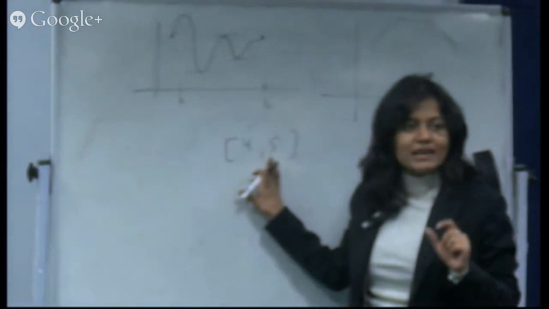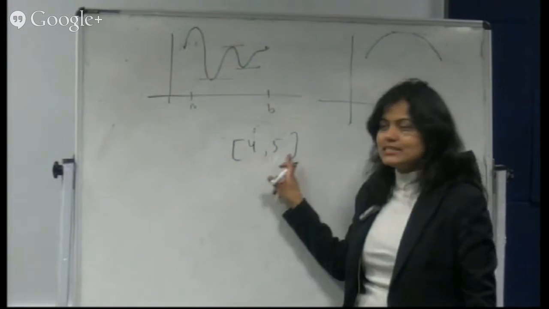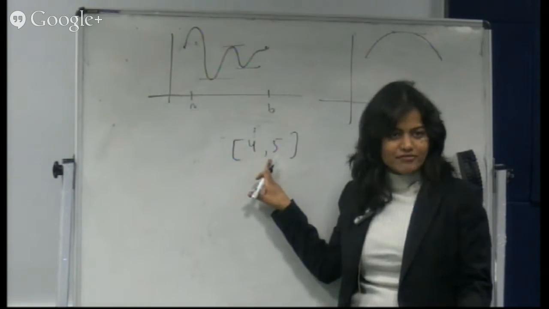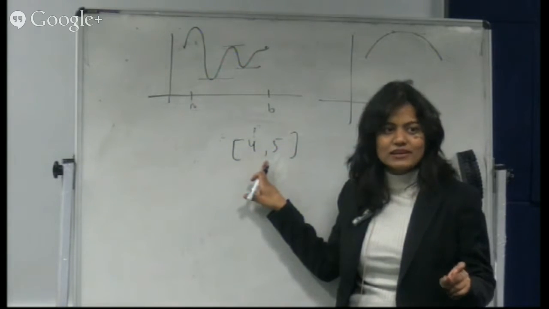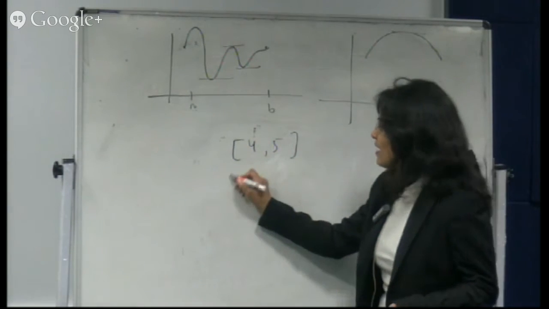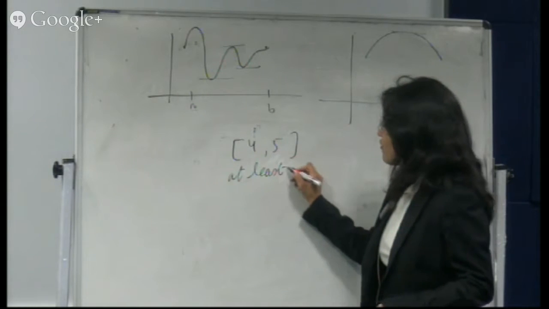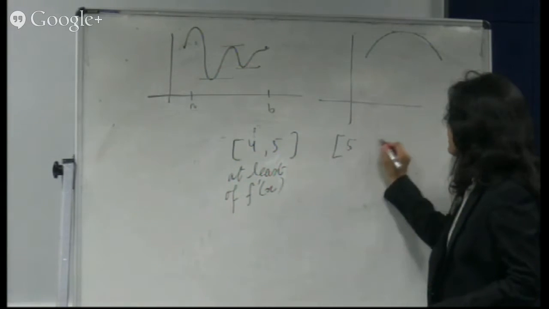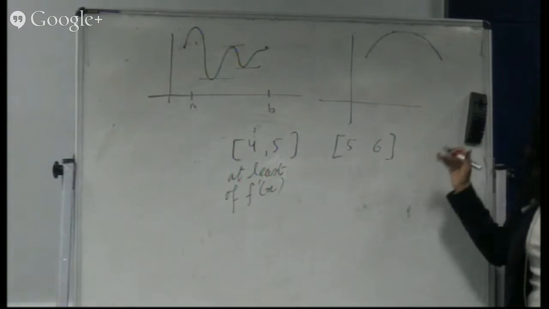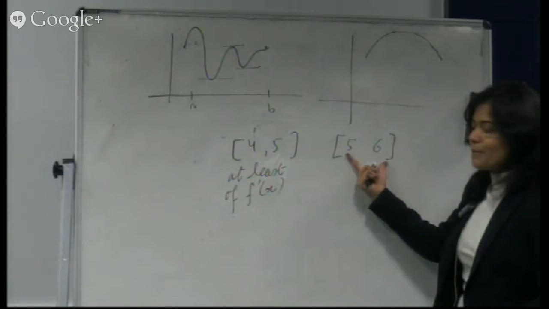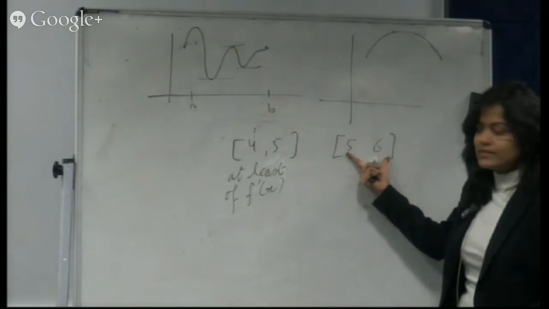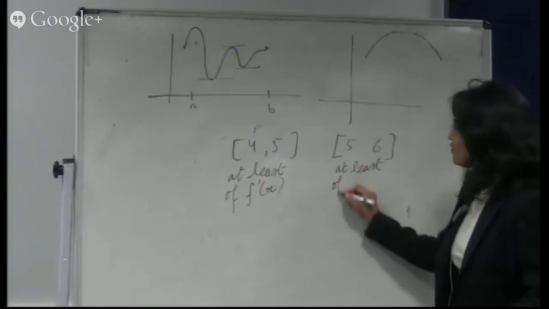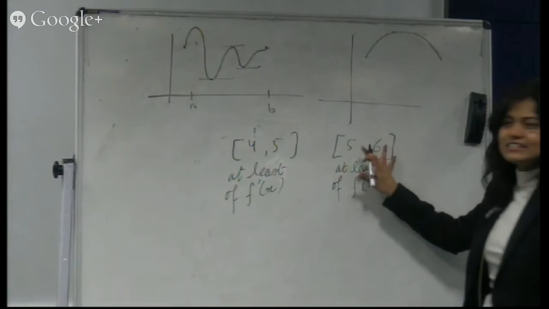So by applying Rolle's theorem, there is necessarily a root in this interval for f'(x). At least one, you may have more than one. Now 5 and 6 are also roots of f, so applying Rolle's theorem in this interval, you will get at least one root of f'(x) in this interval as well.